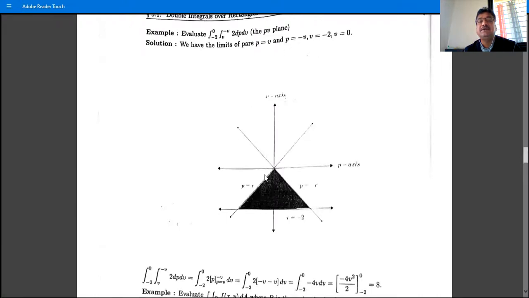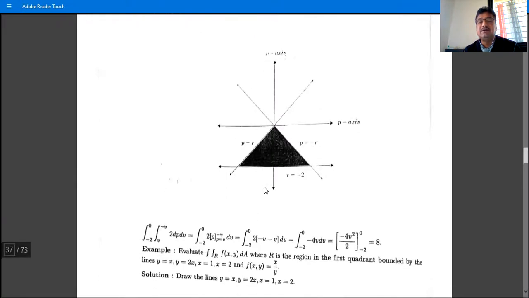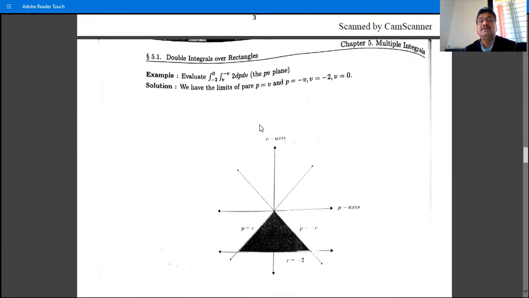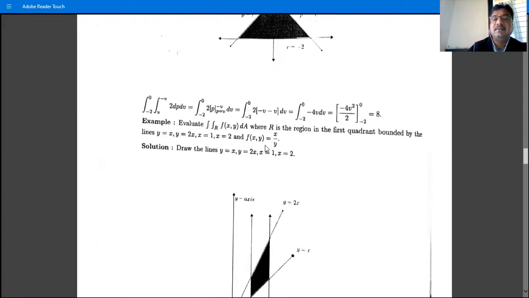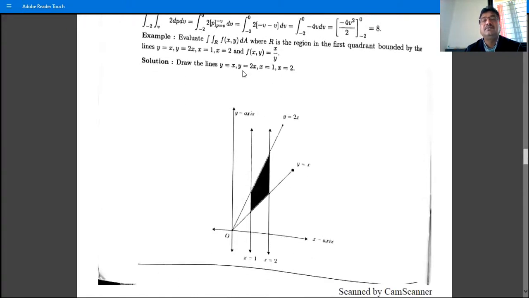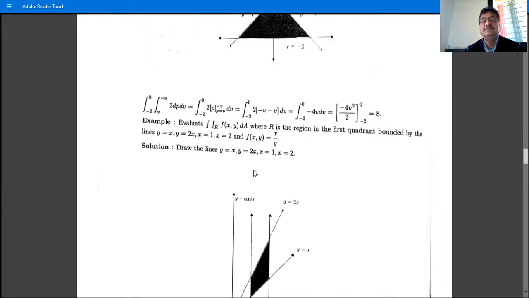So the lower limit is minus 2, upper limit is minus p. And in order to cover this area, we have to move the strip from this point to this point. So p runs from 0 to minus 2. So we can also change the order of integration.